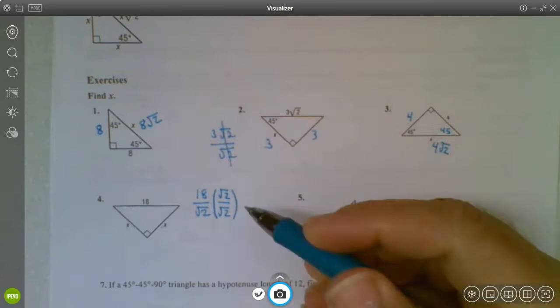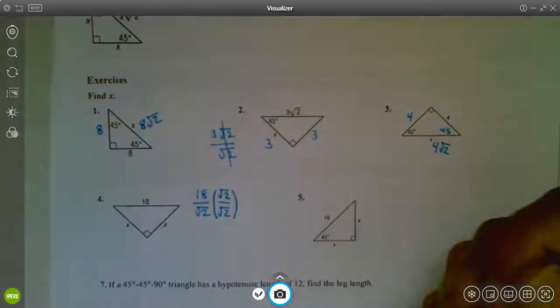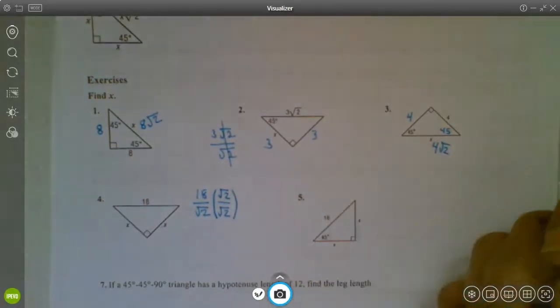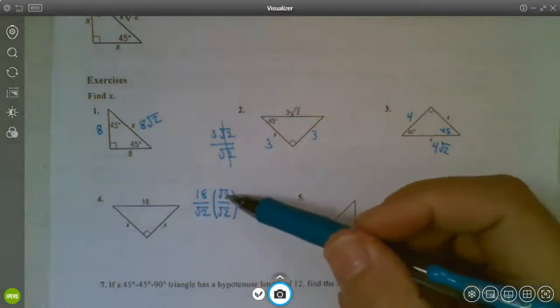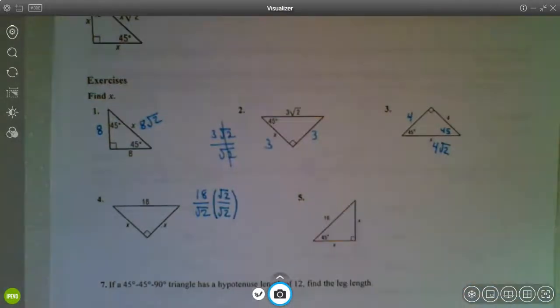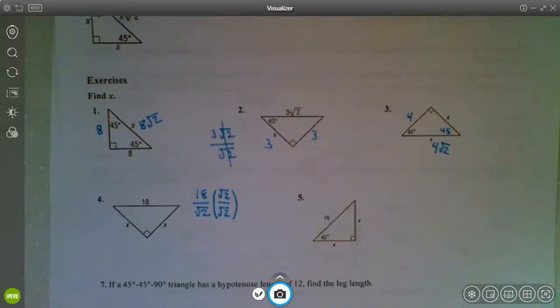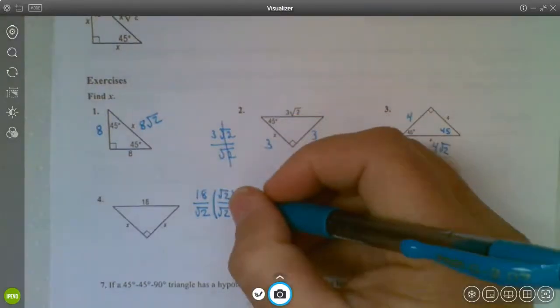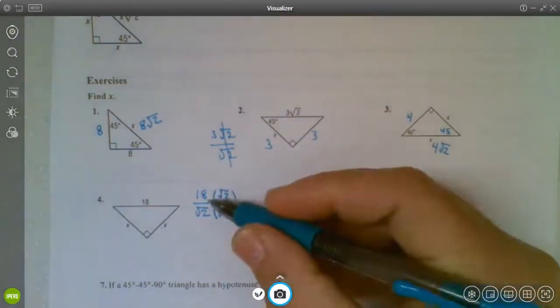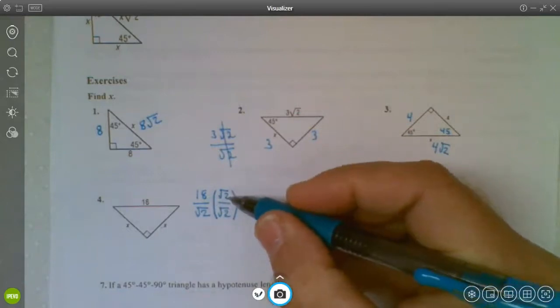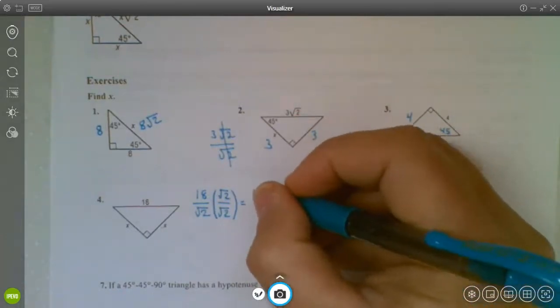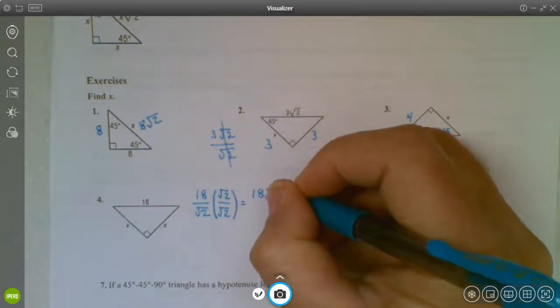Because essentially, all I'm really multiplying right now is 1, right? I mean, anything divided by itself is 1. And that's all I'm really doing, technically I'm multiplying by 1. So I'm not changing the value of what I have. I am just rewriting it in a different format so that I don't keep my radical on the bottom of a fraction. If I multiply straight across, on top I have 18 times the square root of 2, which is just 18 square root 2.